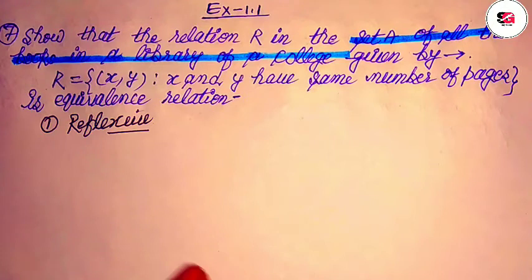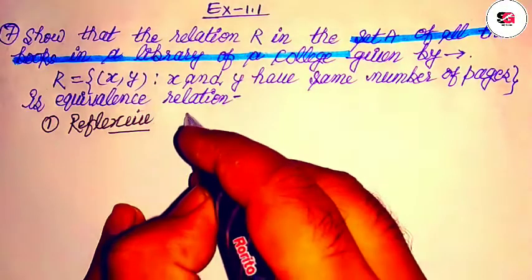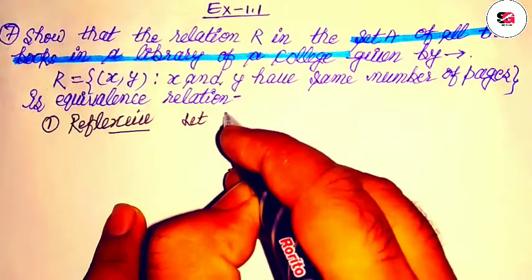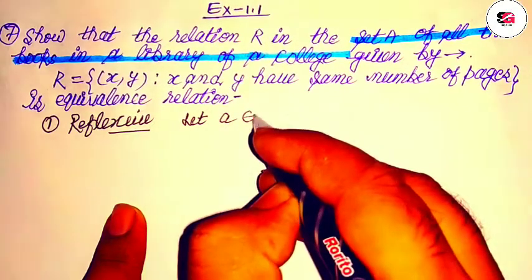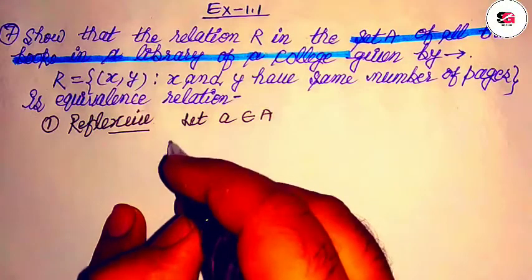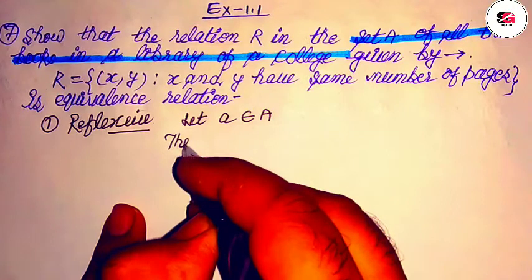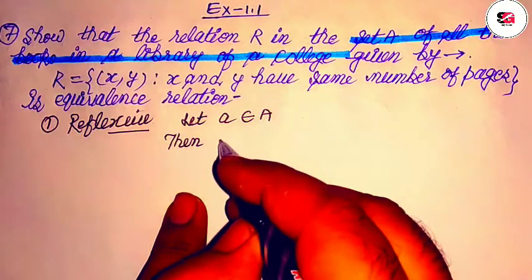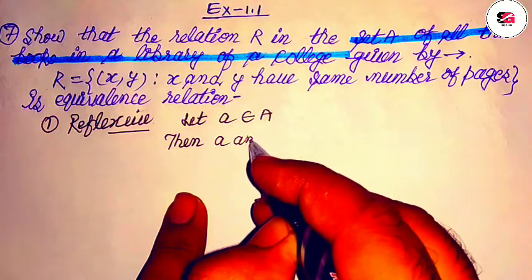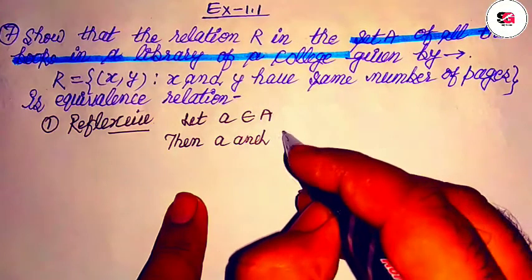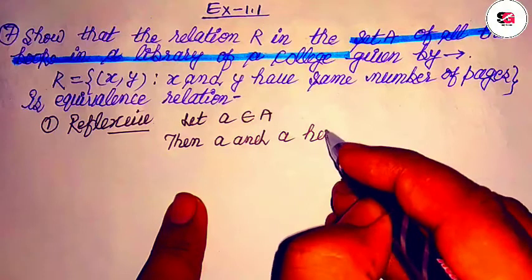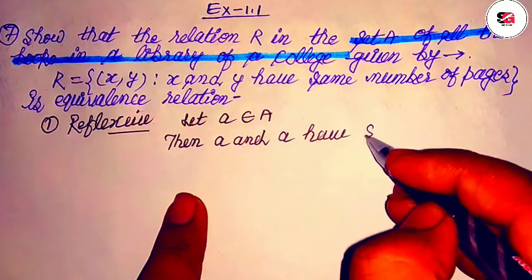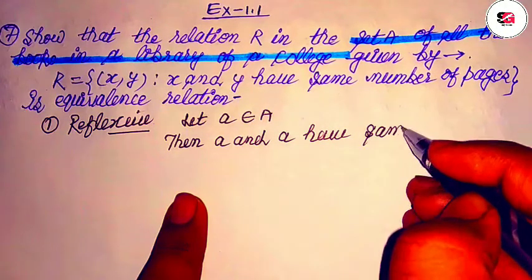So what we need to do? Let a belong to set A. Then in our relation, a and a have the same number of pages.